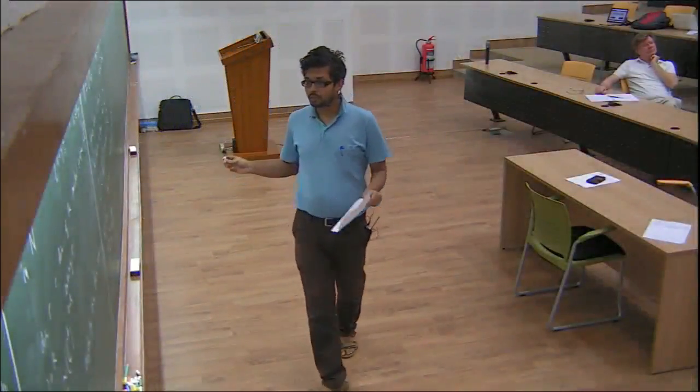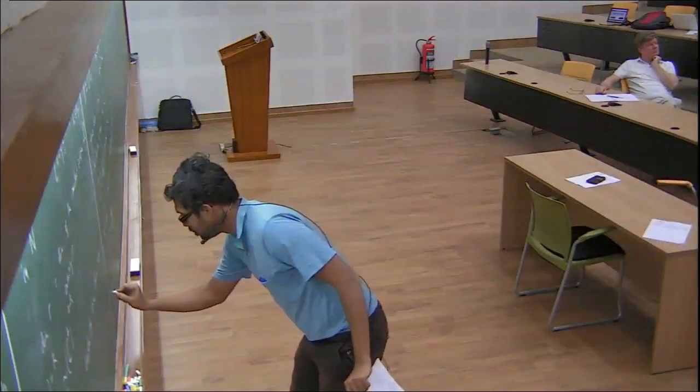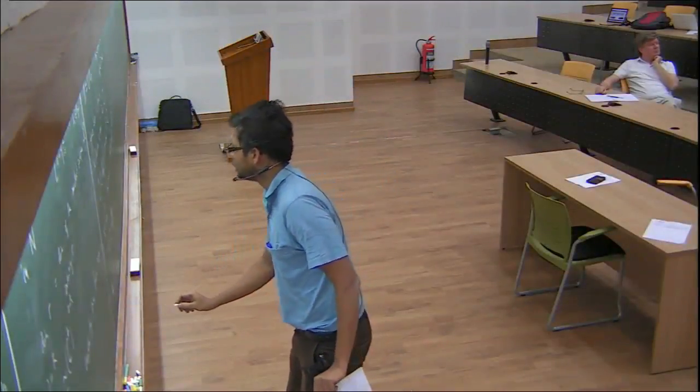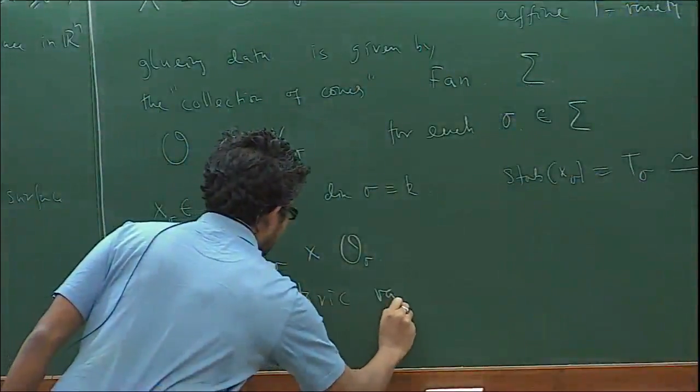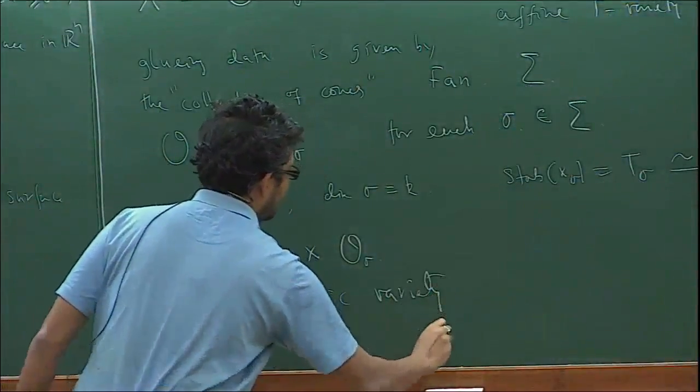One thing to notice is that A sigma is a toric variety under T sigma.